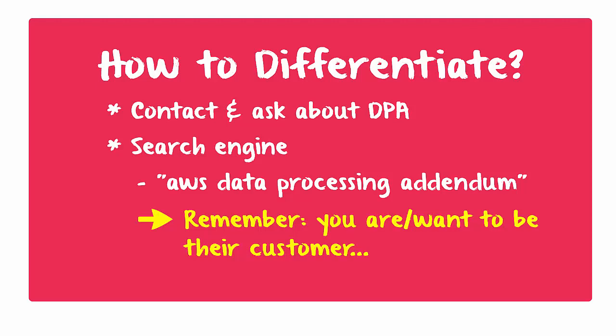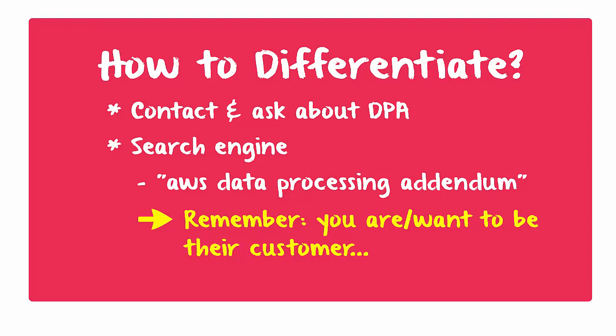Now, Amazon Web Services is not going to basically go into a big explanation. They're going to point you to probably a link that describes the situation whereby their DPA is baked into their TOS. However, the small company probably will. But there's another way to go about finding out exactly what the situation is with respect to a DPA.